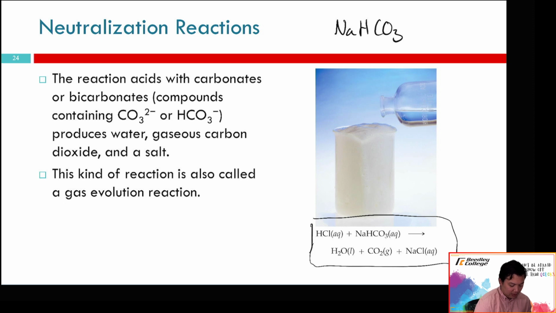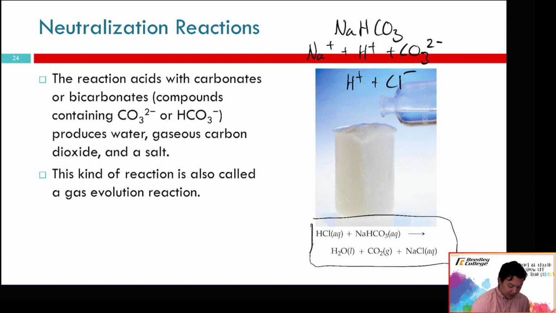NaHCO3 would split into Na plus, H plus, and CO3 2 minus. And then our HCl is going to be H plus and Cl minus.